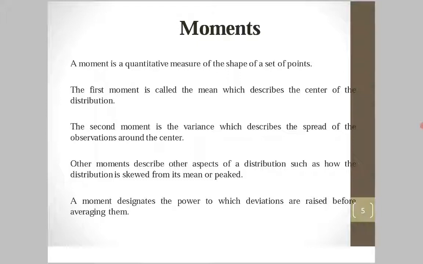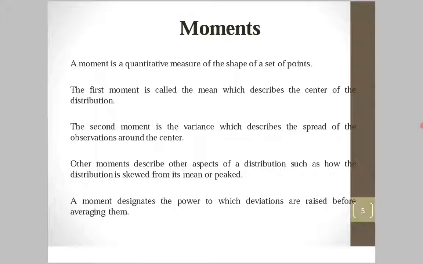The second moment is variance. It simply explains how the data items are spread around the mean or center point of the data. That is the shape, in which the data is spread around.